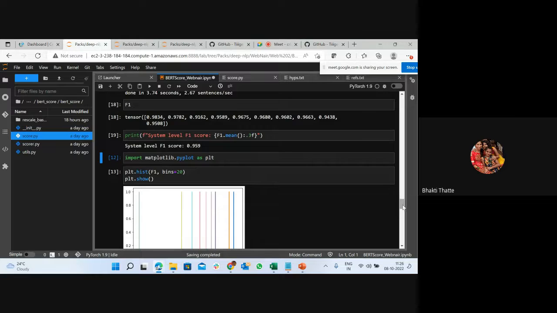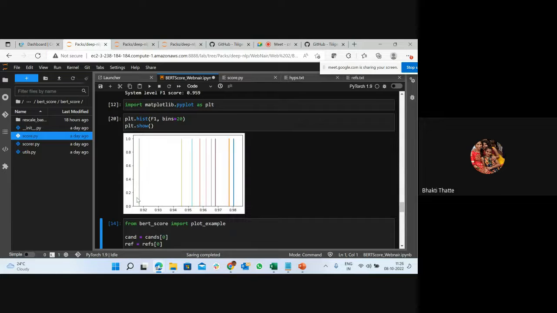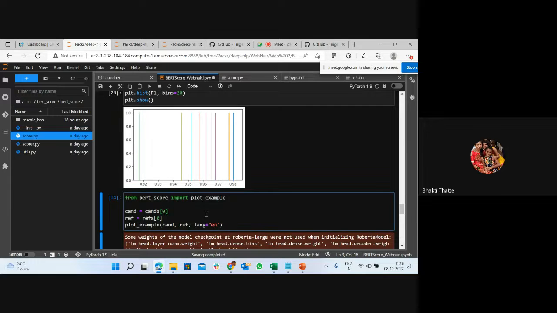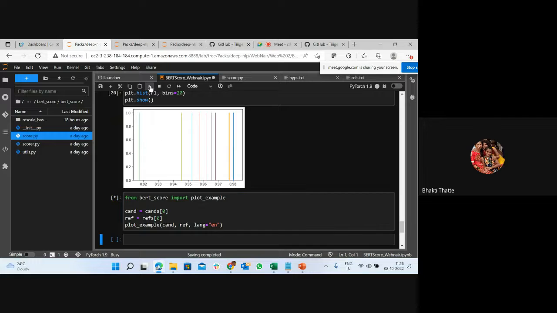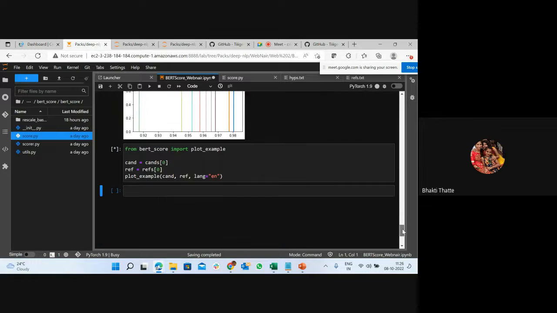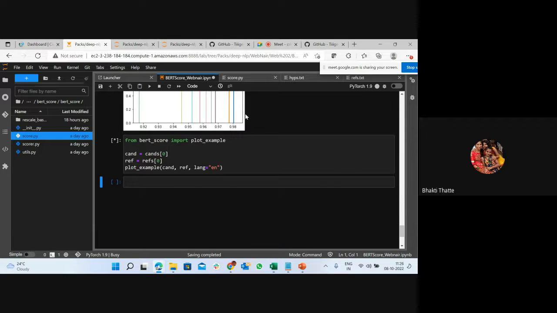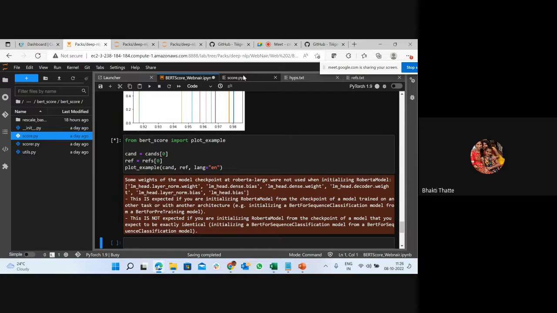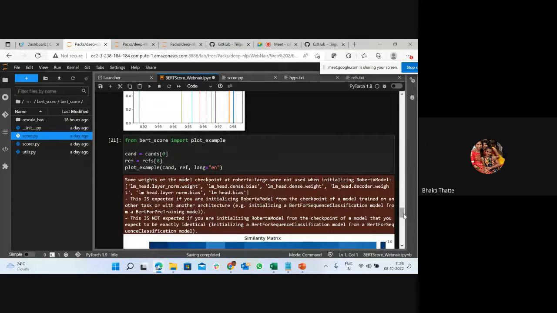Then let us see how this F1 is distributed over the bins. If I run this, I will get the distribution of the F score over the 20 bins. Then let us see the similarity matrix of it. If I run this, I will get the similarity matrix. See this one.